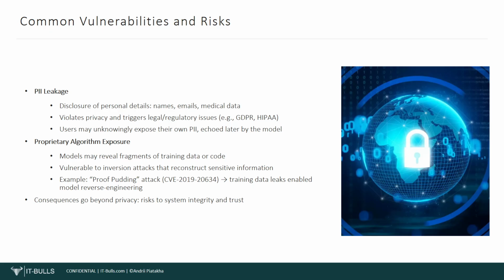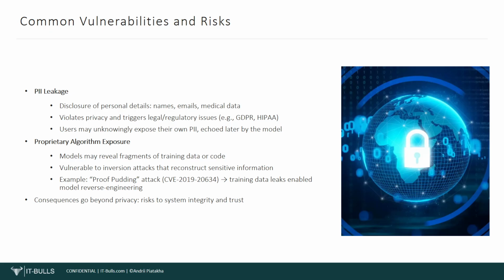Another significant risk involves proprietary algorithm exposure. Large language models, especially those trained on vast datasets, may inadvertently reveal fragments of their training data. If this data includes proprietary code or algorithmic details, the model becomes vulnerable to inversion attacks, methods where adversaries attempt to reconstruct sensitive information based on the outputs.